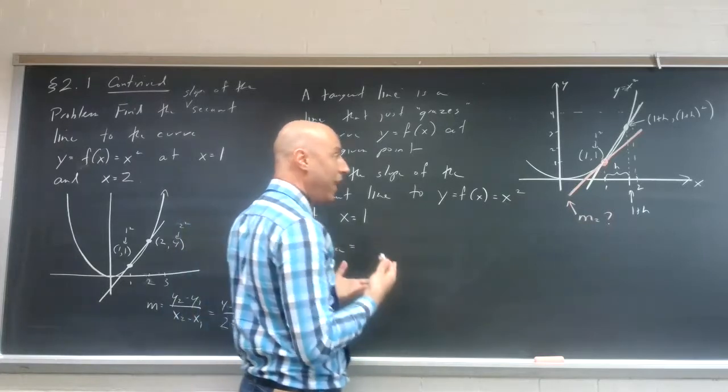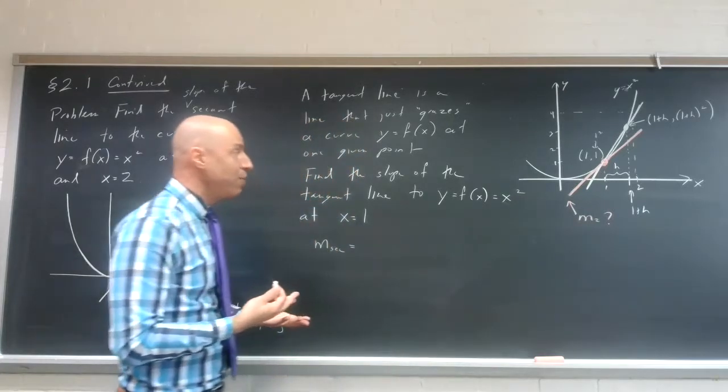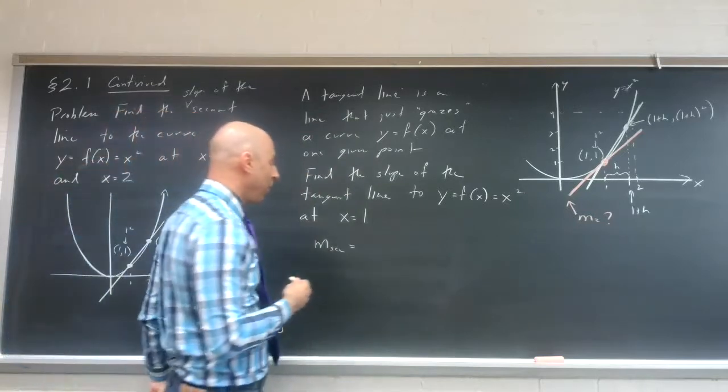The slope is going to be y2 minus y1 over x2 minus x1, the same as slope always is.